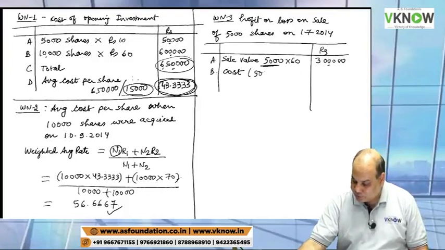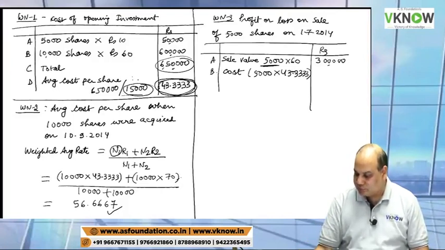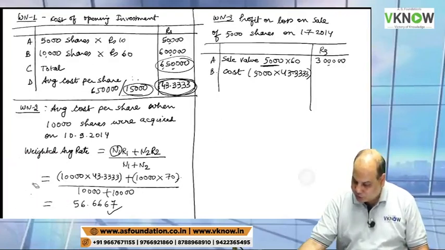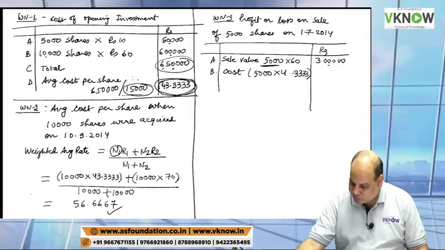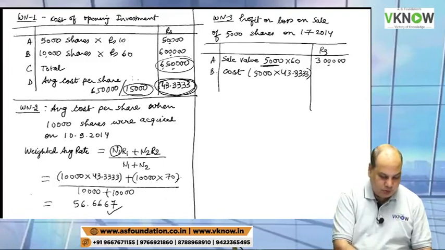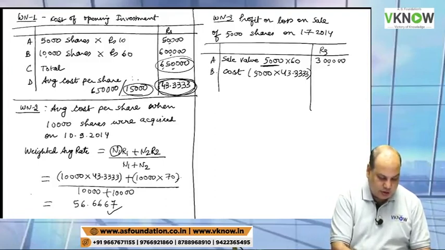So the cost will be 5,000 into the average cost at the time of sale, which is 43.3333. So please give me the answer for 5,000 into 43.3333.